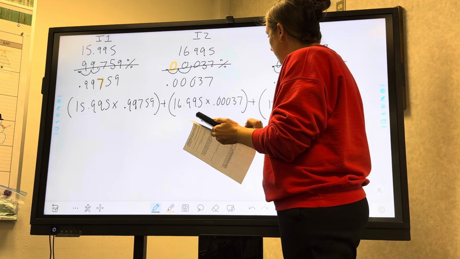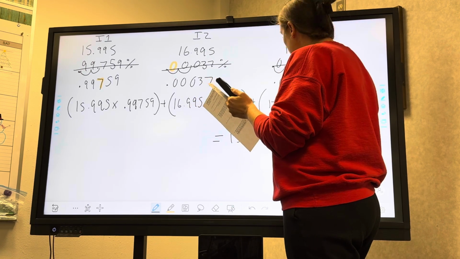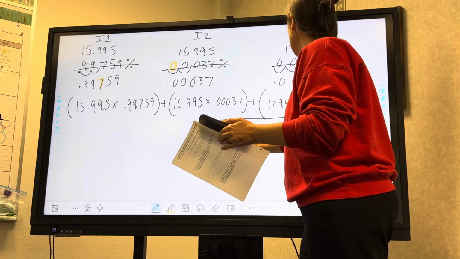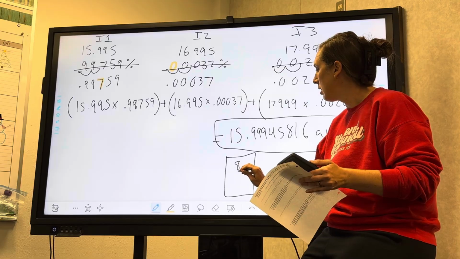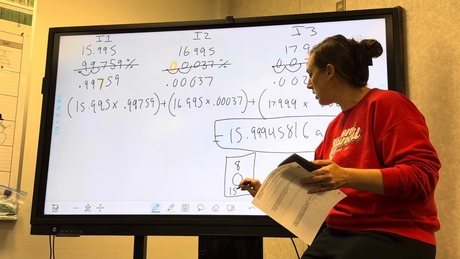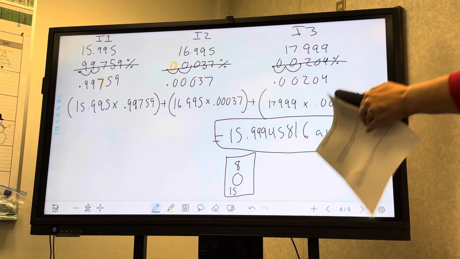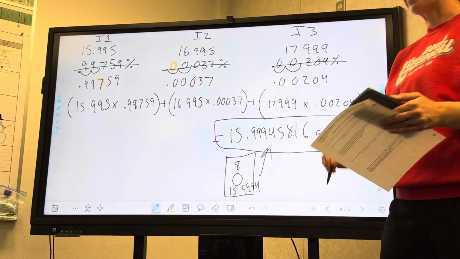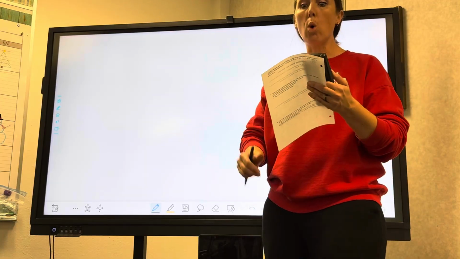This gives me 15.999458816 AMU, atomic mass units. And when I look at the box for oxygen, it's 8 O, oxygen, 15.9994. Wow, exactly that. So I know I'm right. Okay, last one, question number 4 has 4 of these.